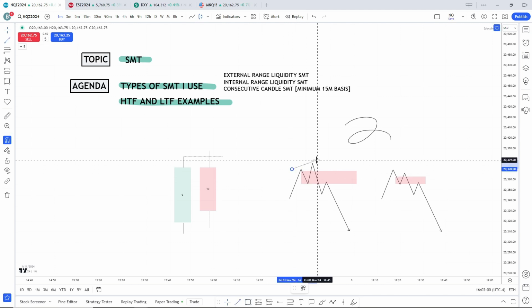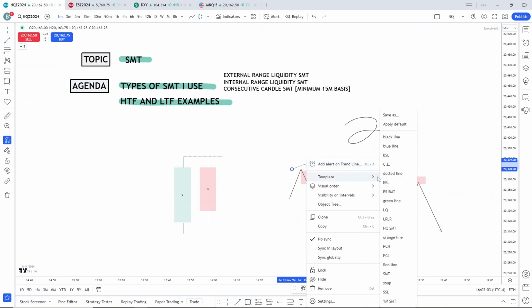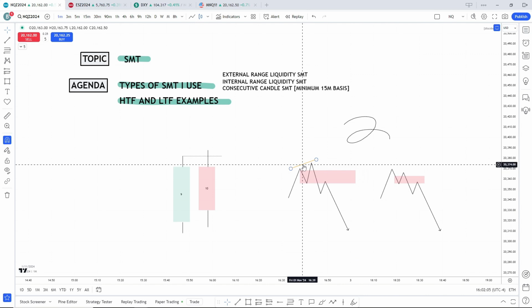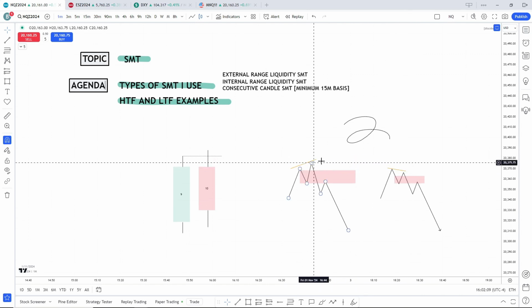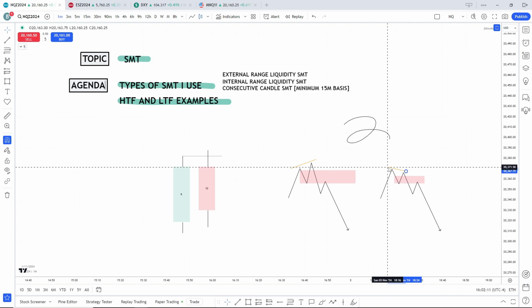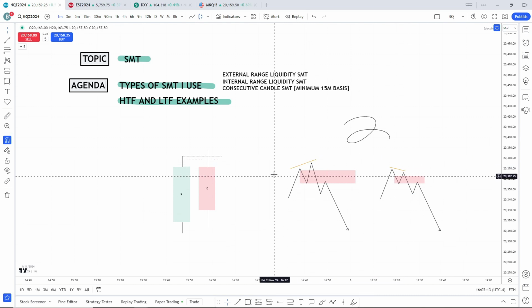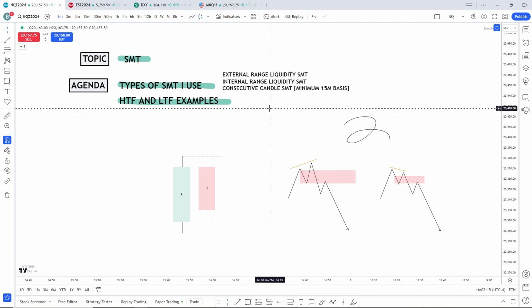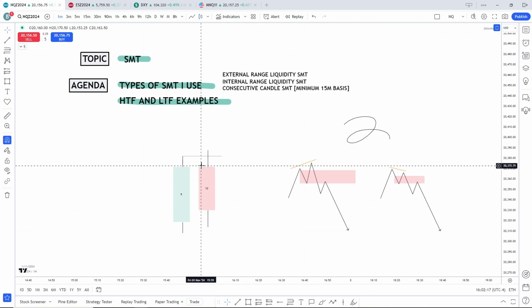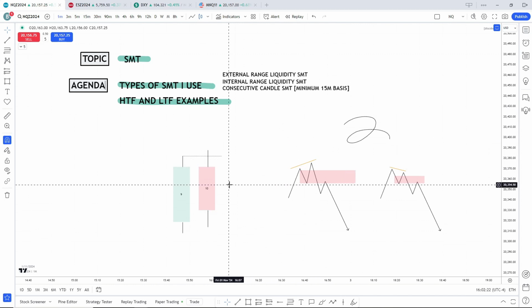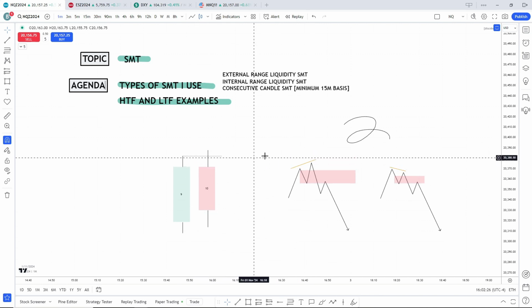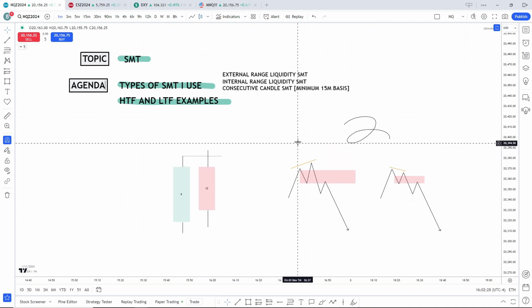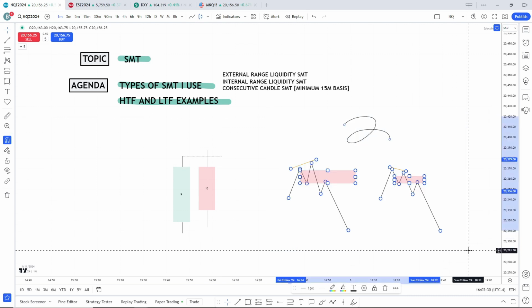You are observing consecutive candle SMT on a lower time frame, and you are witnessing the market printing institutional swing points right in front of you on a lower time frame. That is the importance of SMT on a consecutive candle basis, right? I could get into some open, high, low, close logic as well, but that will probably be for another video because I want to stay on topic.